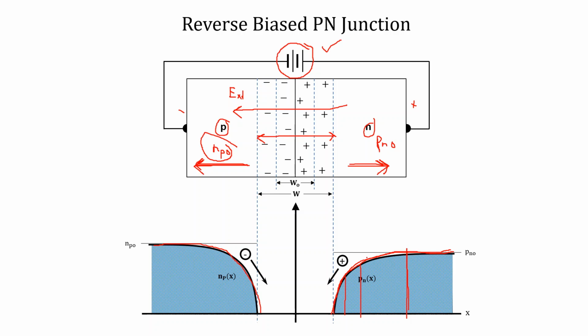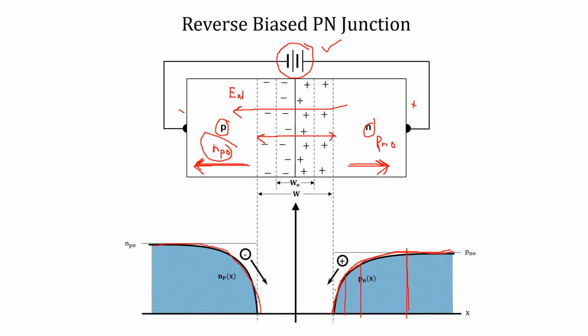Because of this gradient, some leakage current will flow, because we have seen earlier that diffusion current flows when there is variation in the density of the charge carriers. Here charge carriers are very high, here charge carriers are lower. So because of these gradients, a small leakage current will flow.